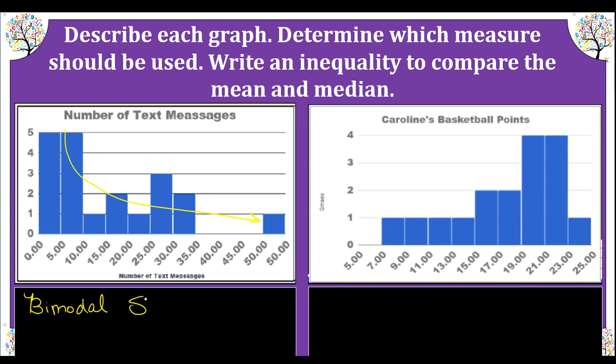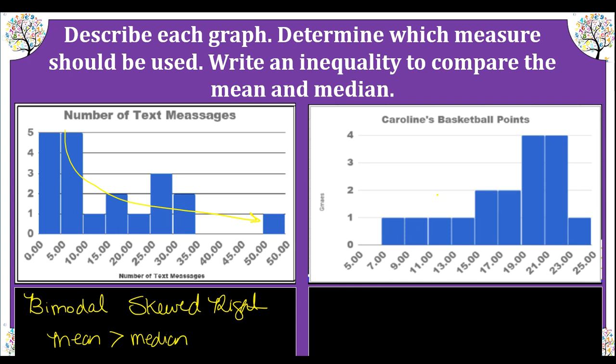So this is going to be bimodal, skewed right. Remember, it's the direction of the tail that tells you how it's skewed. And because we have some data points pulling most of the data to the right and getting larger, that is pulling the mean, and the mean is becoming greater than the median.